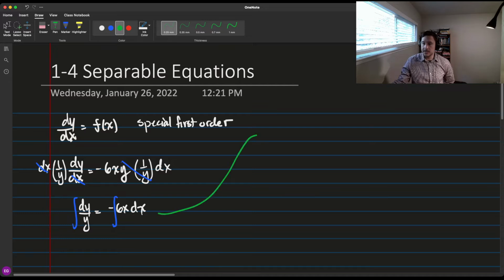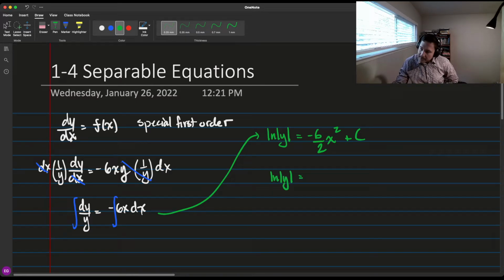On the left-hand side, dy over y is going to be the natural log of the absolute value of y. On the right-hand side, you're going to get minus 6 over 2 x squared plus c. So let's simplify that. You get natural log absolute value y equals -3x squared plus c.